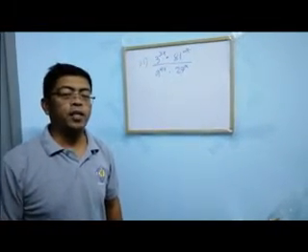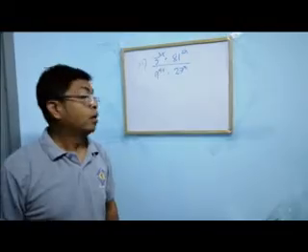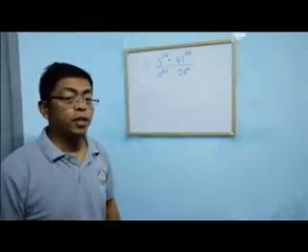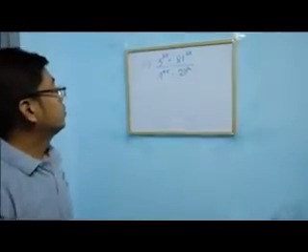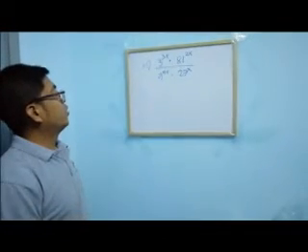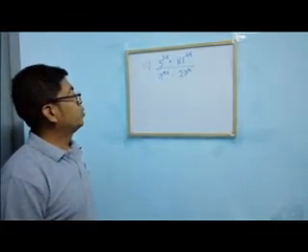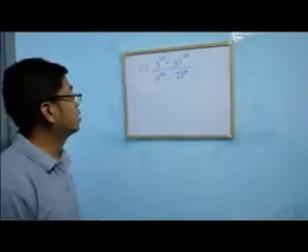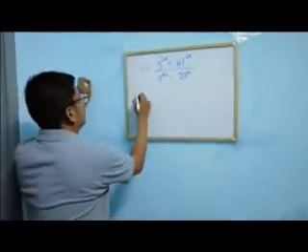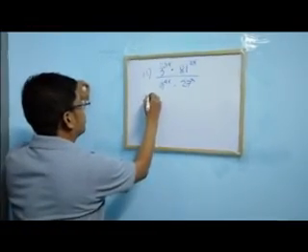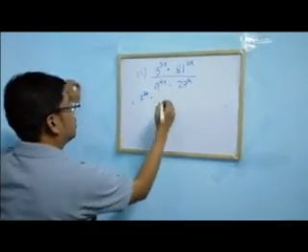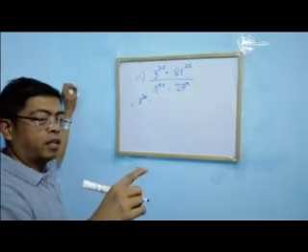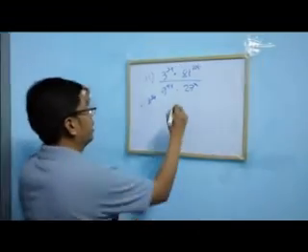For part 1 again, my second example, I choose number 31. 3 to the 3x multiplied by 81 to the 2x, over 9 to the 4x times 27 raised to x. So we need to get 3 to the 3x times 81; 3 raised to 4 is equal to 81.